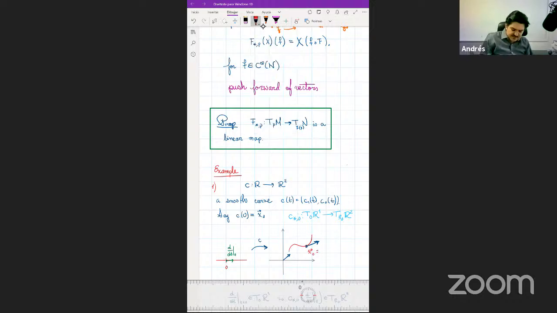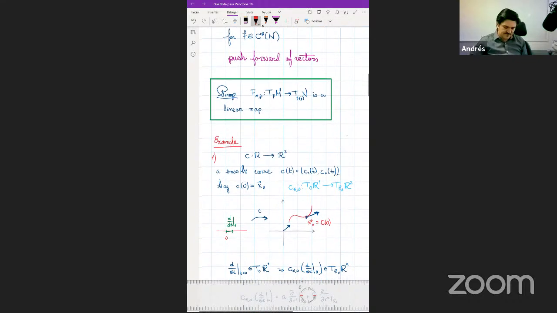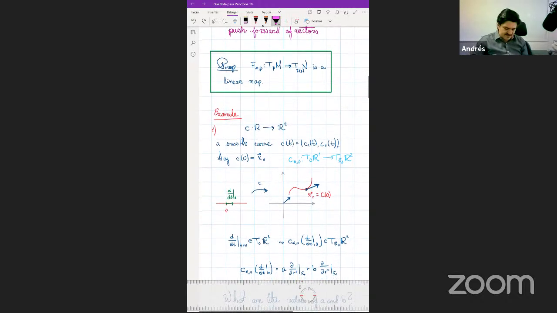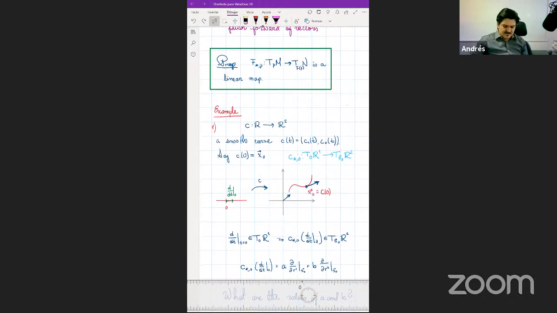Remember that this is C of 0. So this is in the notation that I just defined above about the differential. And I'm going to show you how to compute this.